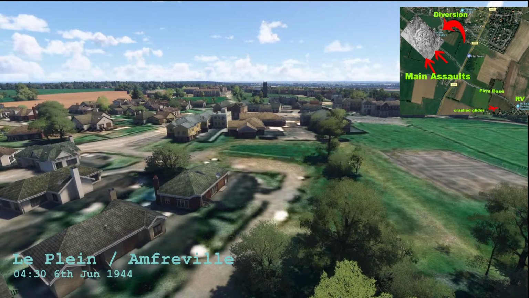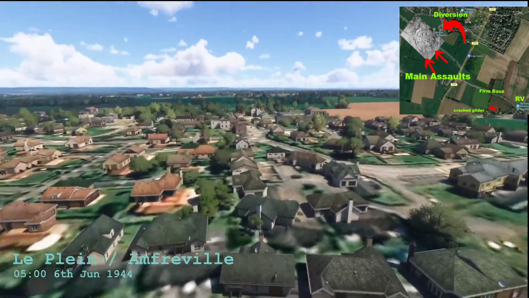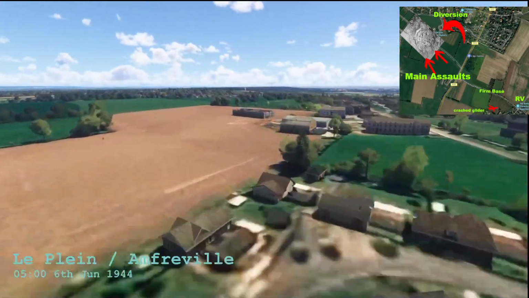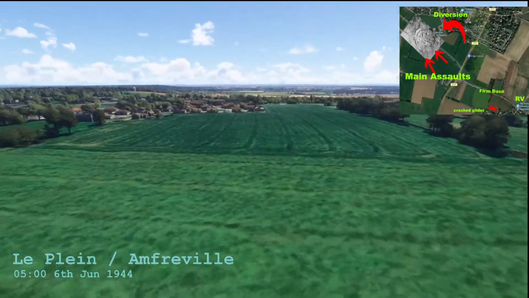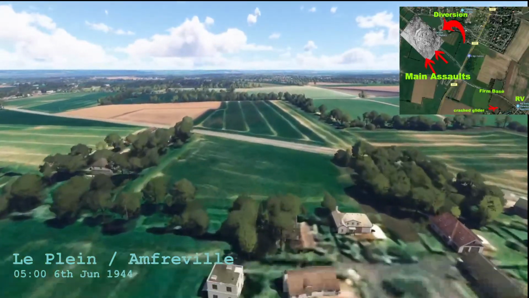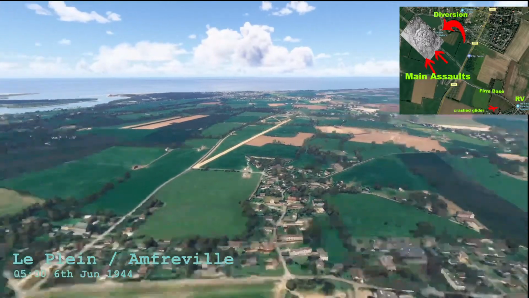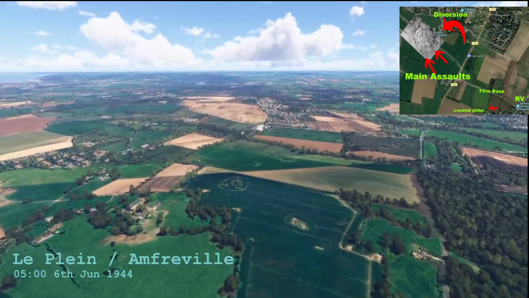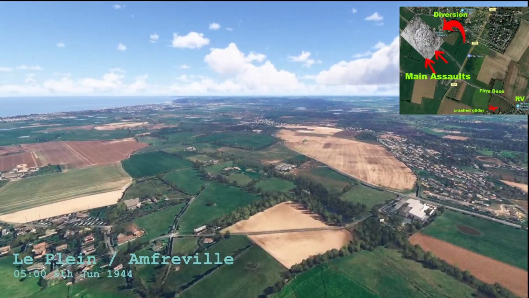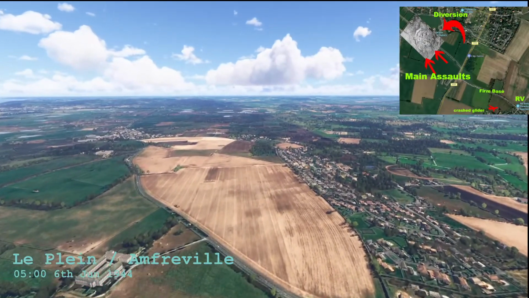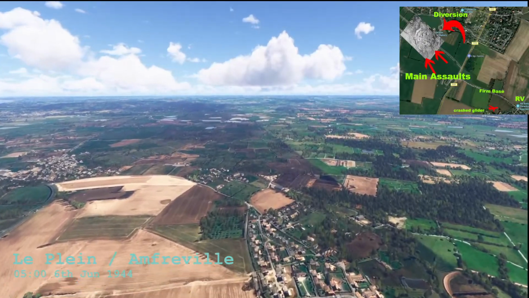And we're talking now time-wise, anything after 5 o'clock in the morning. So that makes sense. They're pulling back their troops. The drop zones over here, this is Varaville, were used to attack the battery, and also as a jumping off point to attack and destroy the bridges on the River Dives, which is over here.